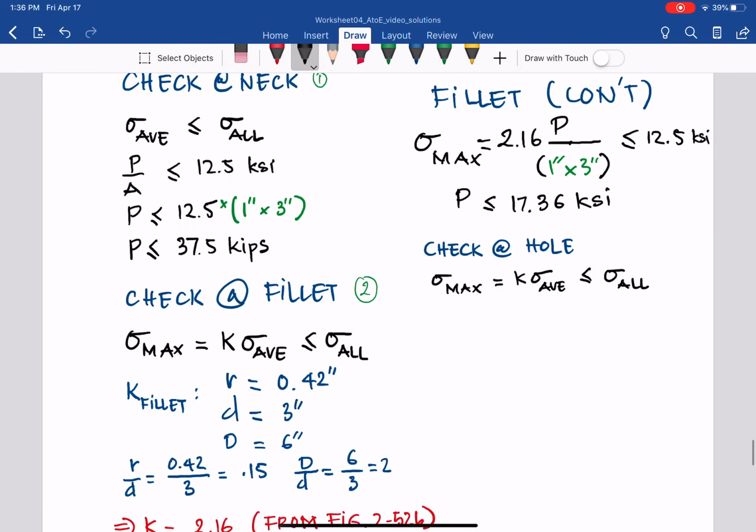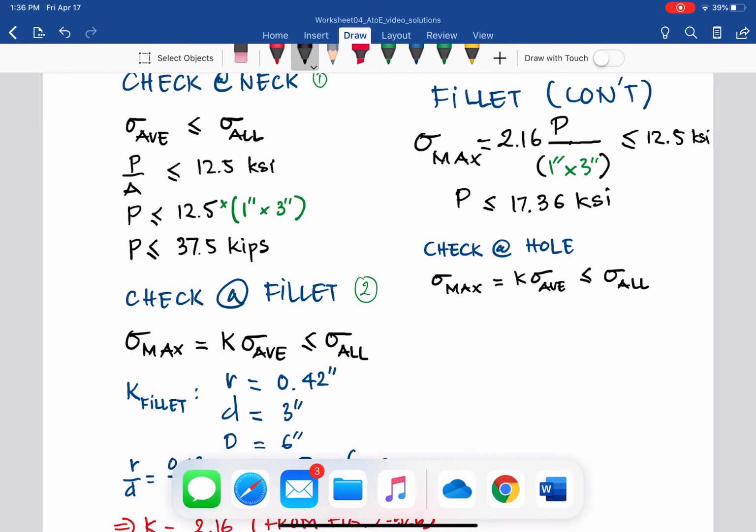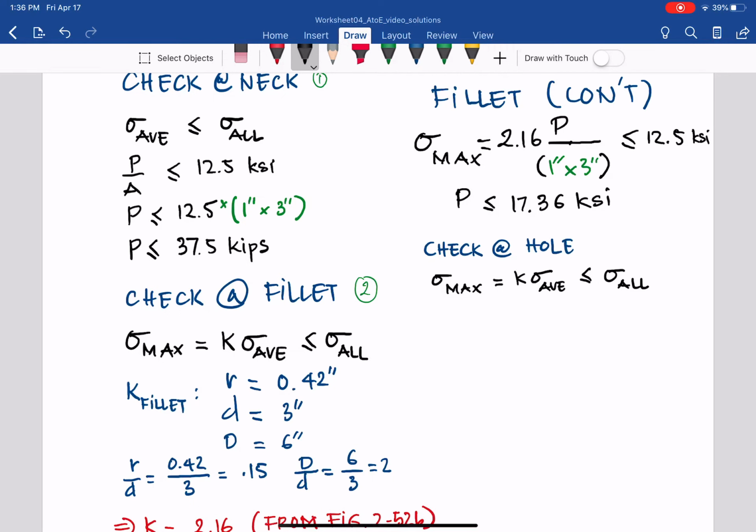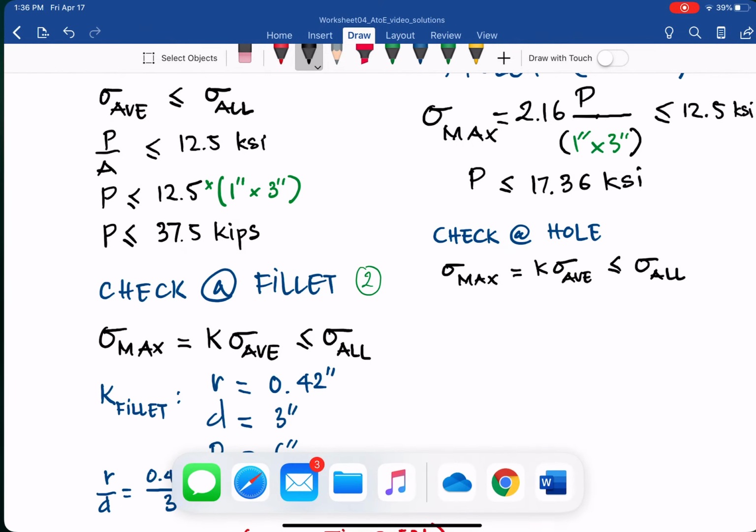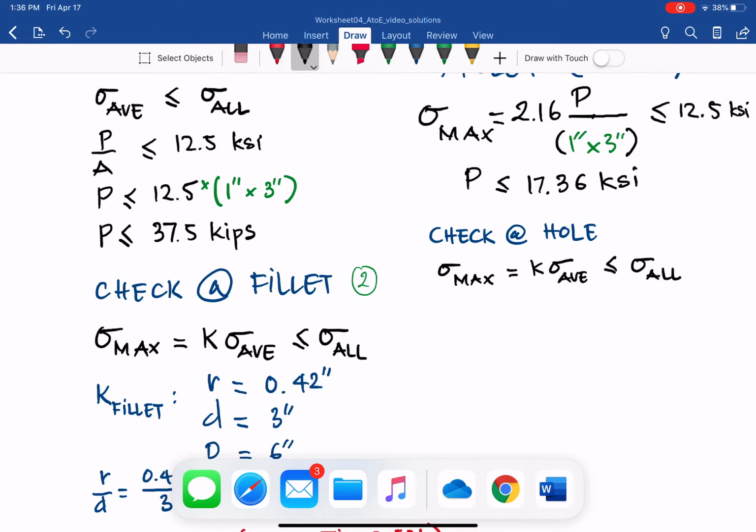Sigma average we need to find in that cross section. It's not the same, and K is also not the same.